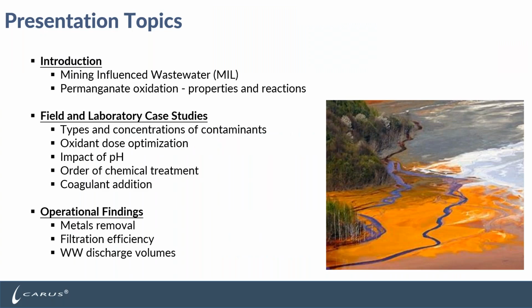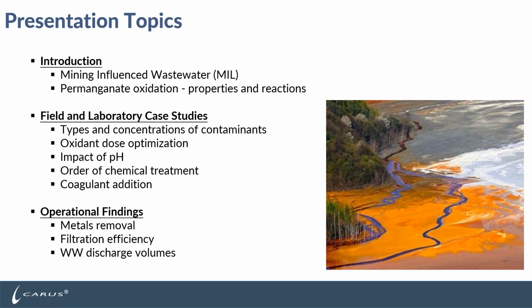These are the main talking points that we'll address during the webinar. First, a little background on mining-influenced wastewater, and then the properties and reactions of permanganate that can assist in treating these types of waters. We'll then look at both laboratory and field data from several industry case studies and the key testing and results designed to address specific wastewater treatment goals.